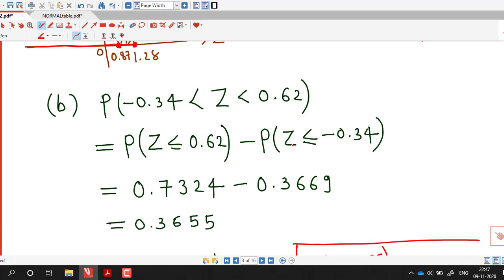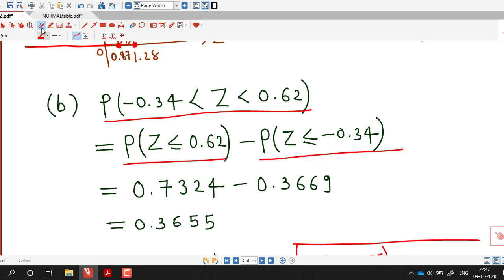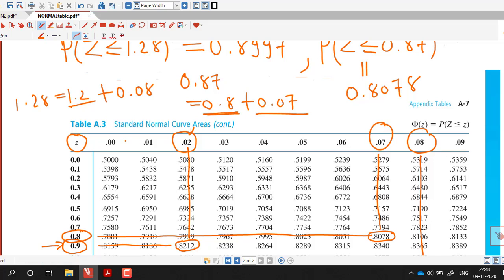Next one is the probability that z lies between minus 0.34 and 0.62. This we can rewrite as the probability that z is less than or equal to 0.62 minus the probability that z is less than or equal to minus 0.34. So we calculate these two probabilities. First, z less than or equal to 0.62. 0.62 can be written as 0.6 plus 0.02.